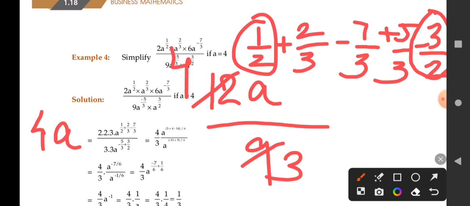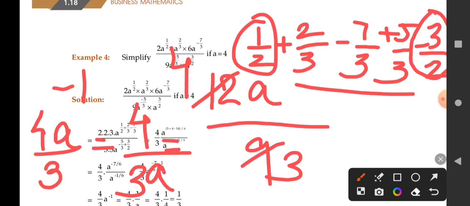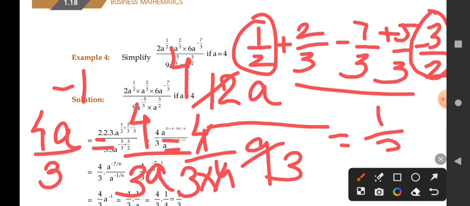Then this 2 minus 7 is minus 5. Minus 5 plus 5 is 0. So we have 4 divided by 3 into a, and a equals 4. So 4 divided by 3 into 4 equals 1 divided by 3.